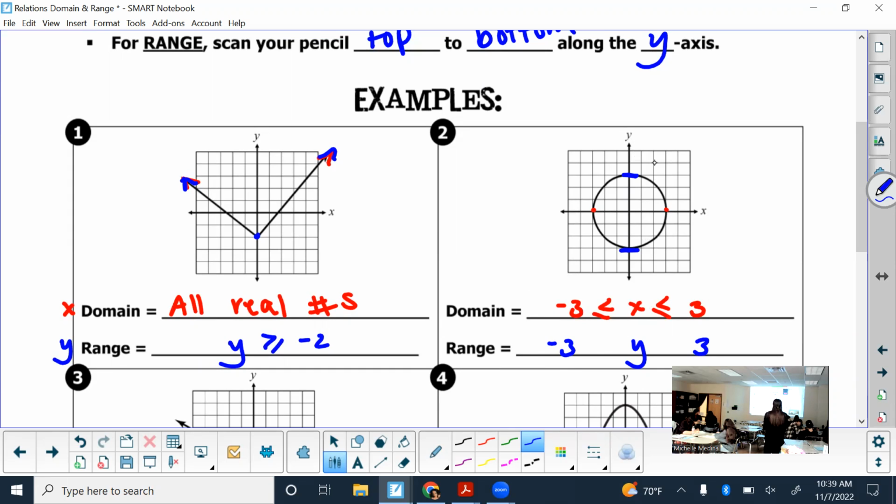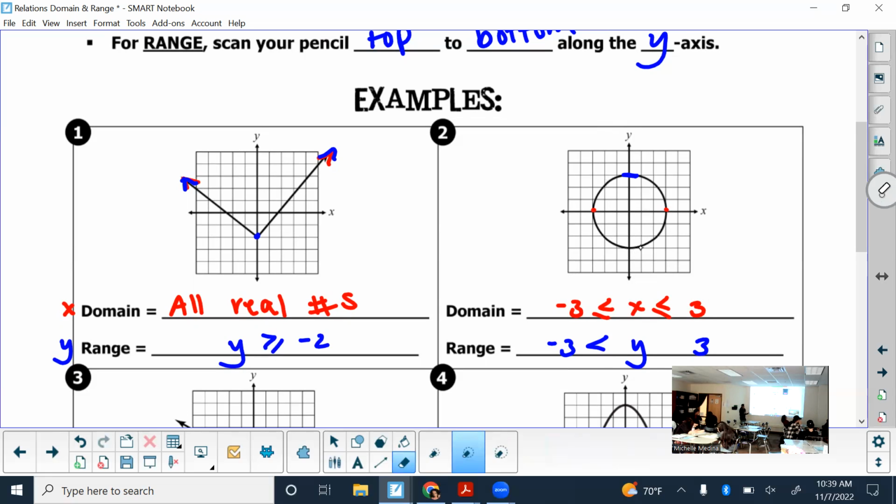So compare the y to the -3. Which one should the opening be facing, the -3 or the y? The y, because all these y values are greater than the -3, so we use it this way. Does it touch the -3?